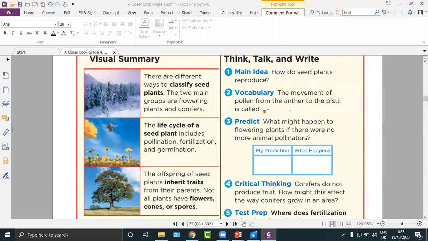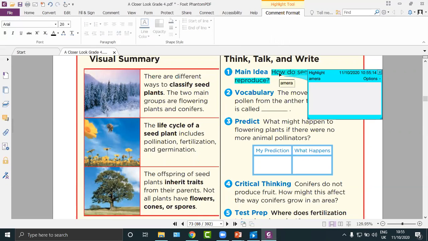Number 1. How do seed plants reproduce? Pollination.